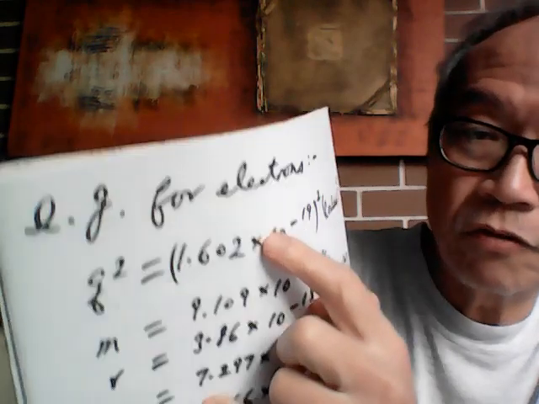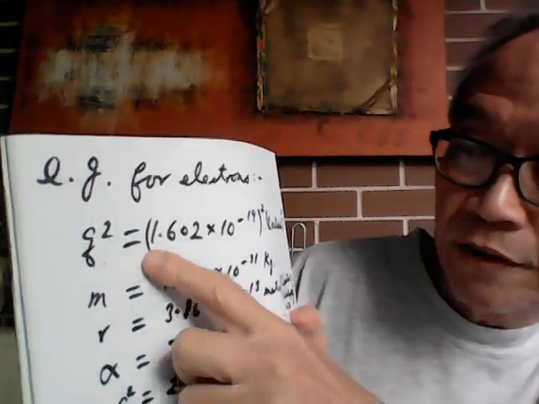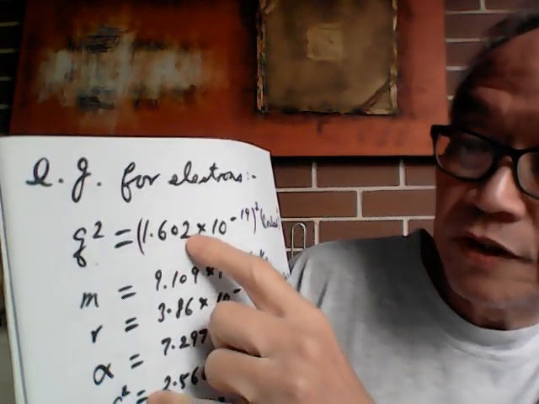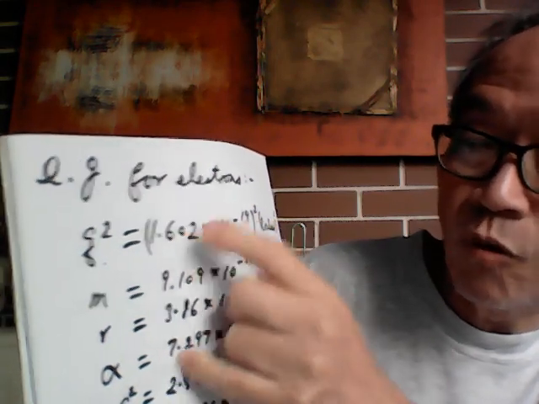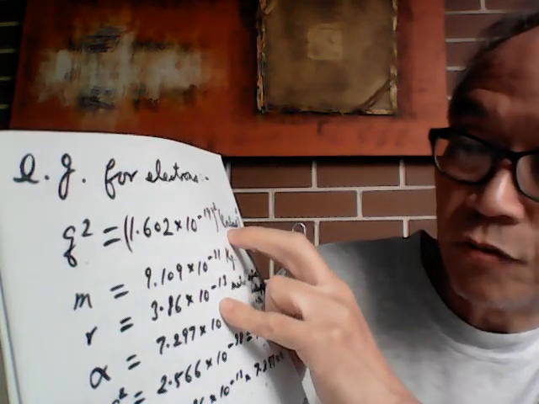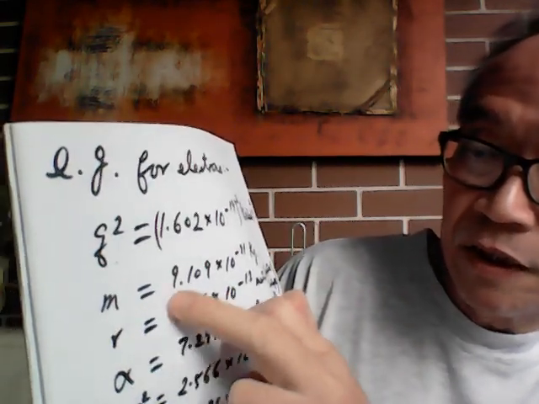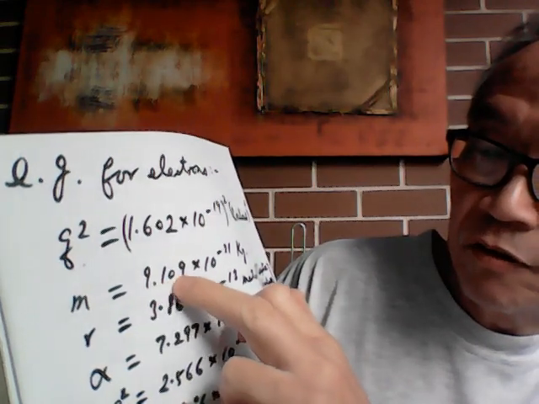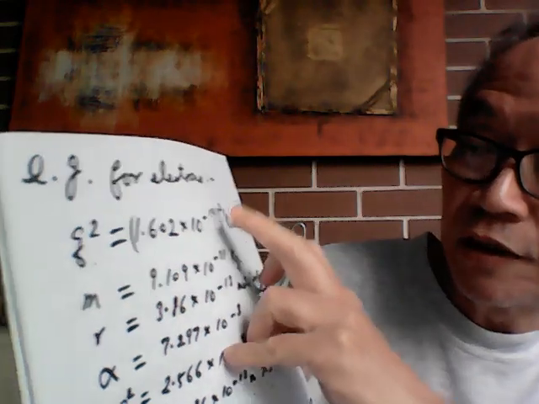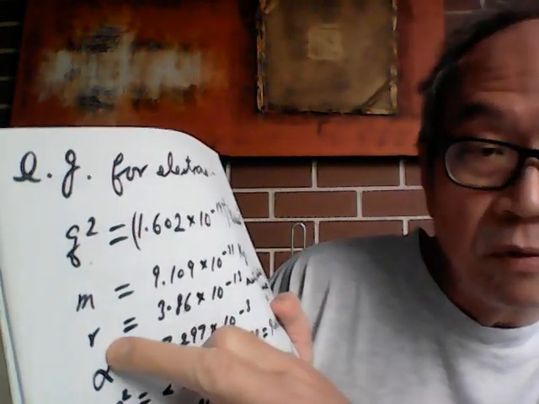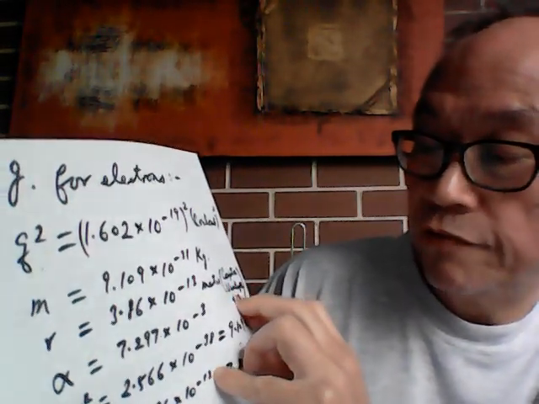For example, so that this equation works, for electrons, Q squared is equal to 1.602 times 10 to the power minus 19 whole squared, coulomb square, that is the unit. Mass is m equal to 9.109 times 10 to the power minus 31 kilogram. This is for the electron. And then the radius is the Compton wavelength.